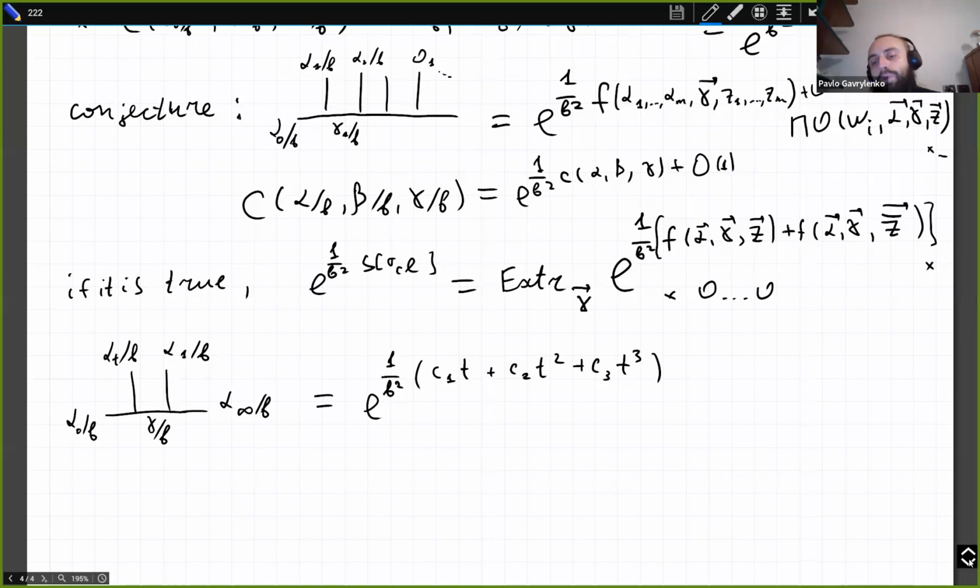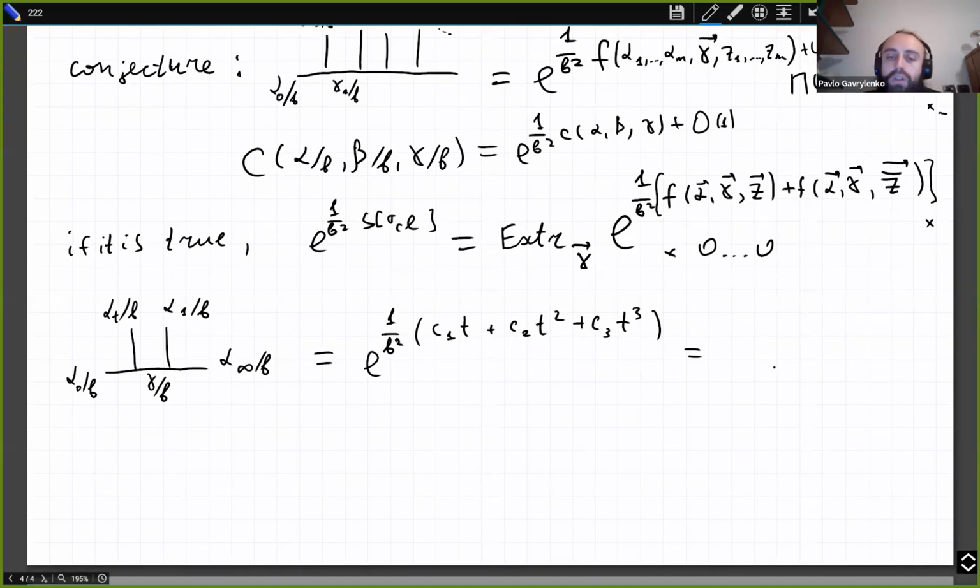So if we try to open these brackets, we see that it equals, and let us write something plus O of 1, plus a1 t plus a2 t squared plus a3 t cubed plus and so on.